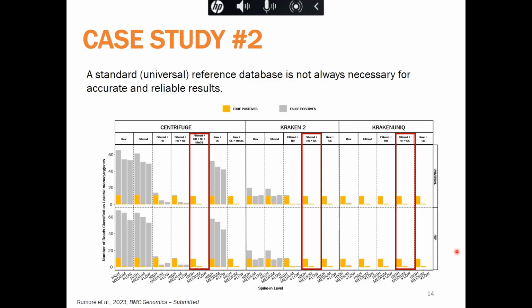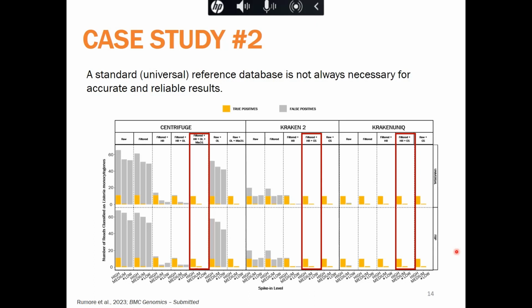In a study that was recently conducted as part of my thesis work, we found that a universal reference database is not essential for accurate and reliable detection of Listeria monocytogenes, which is a priority foodborne pathogen here in Canada.